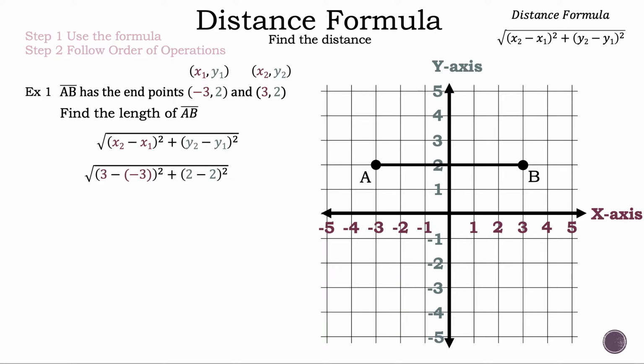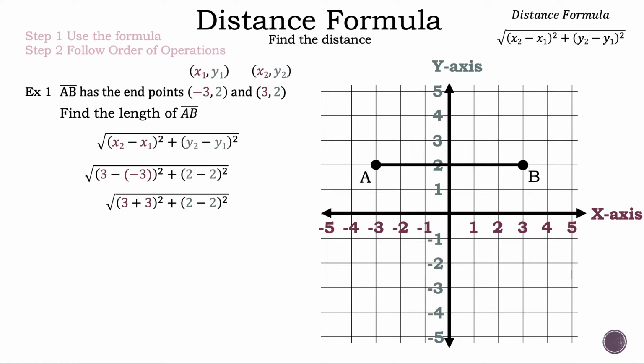Now we have the square root of 3 minus negative 3 in parentheses squared plus 2 minus 2 in parentheses squared. Let's continue with the order of operations by simplifying inside the parentheses by making the double negatives a positive.